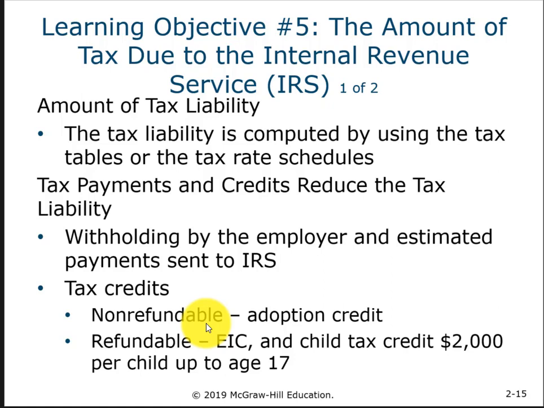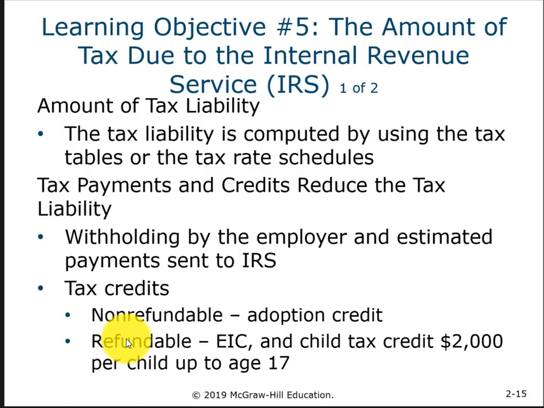So the IRS is not necessarily excited to wait till April when you file to get all of your money. They want to get the money sooner than that. And they're going to charge you interest if you don't give the money to them earlier than that.